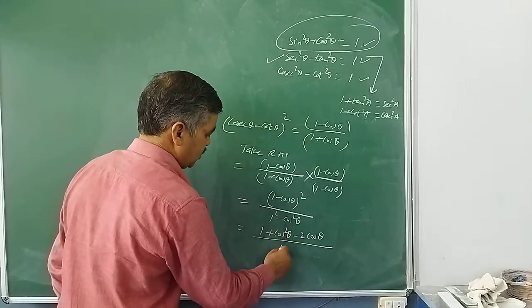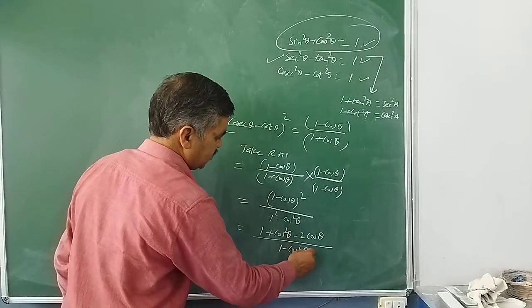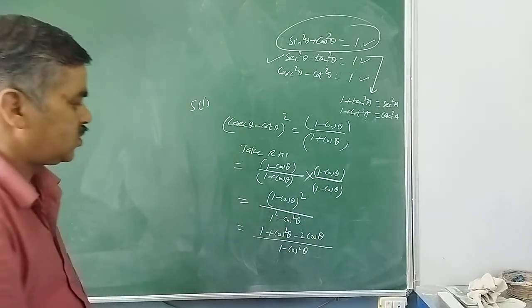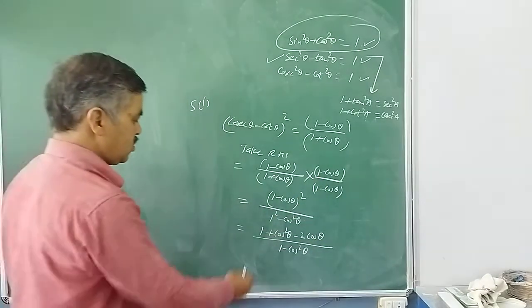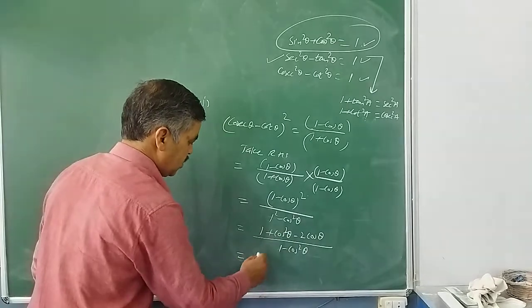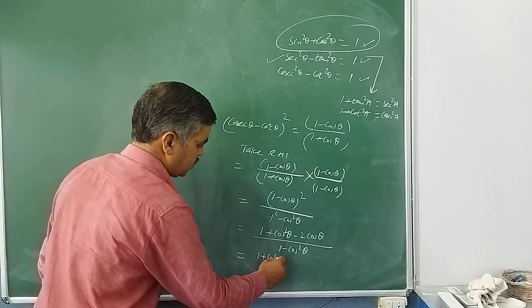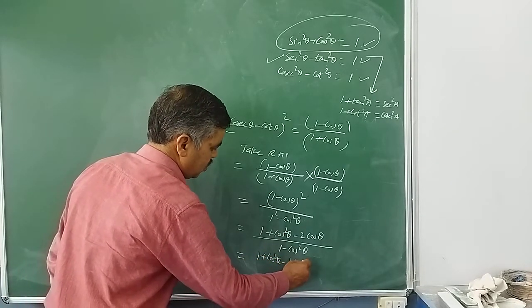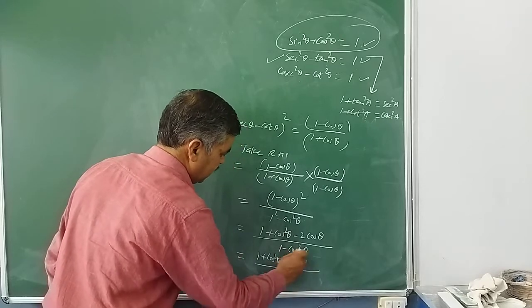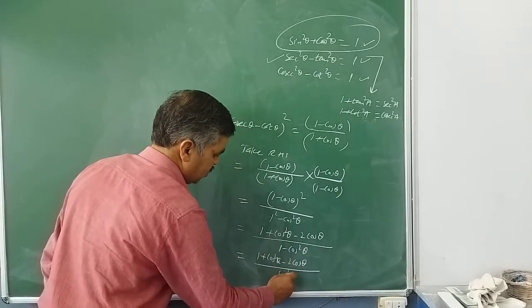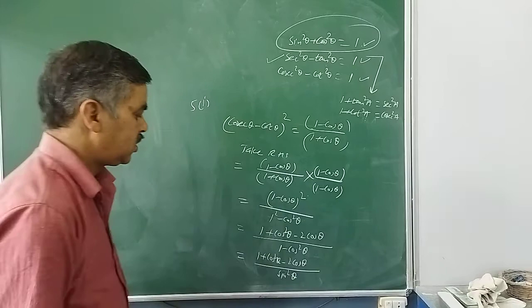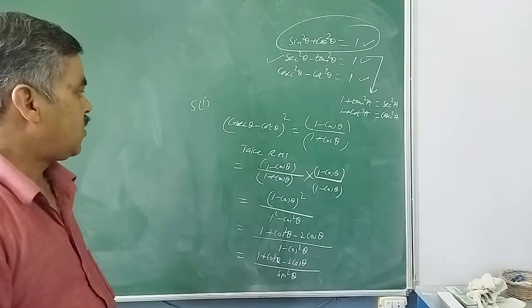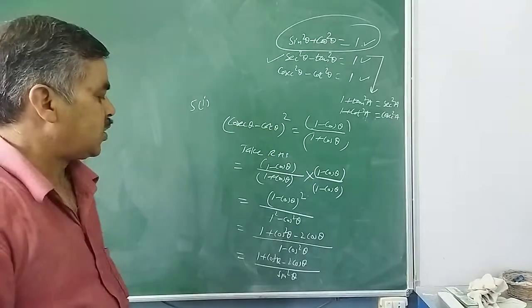And 1 minus cos square theta: 1 square is 1, cos theta whole square is cos square theta. Now that is equal to 1 plus cos square theta minus 2 cos theta whole, upon 1 minus cos square, which as I told you is sin square theta. So you write that. And now I want to go back to cosec and to cot.